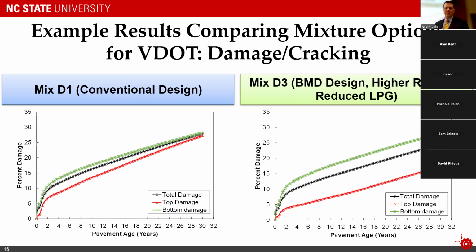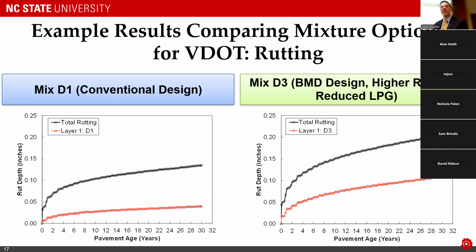And in our case, we're balancing cracking with permanent deformation or rutting. So the FlexPave tool, to be comprehensive, doesn't just look at cracking, it also looks at rutting characteristics. And the trade-off in these two mixtures is that rutting. So you can actually see here we've got the D3 mixture on the right, the D1 mixture on the left.